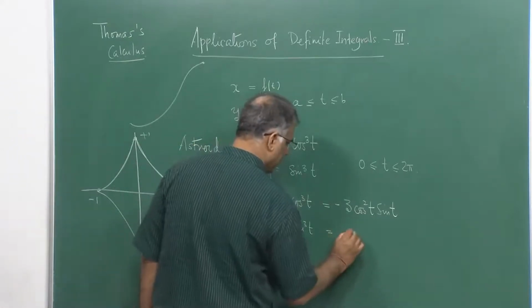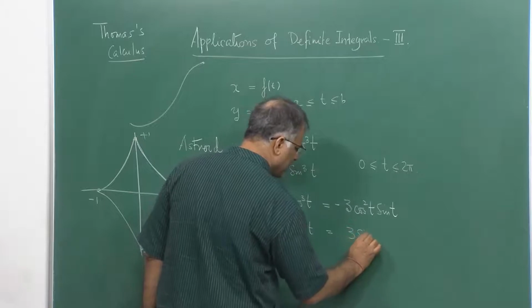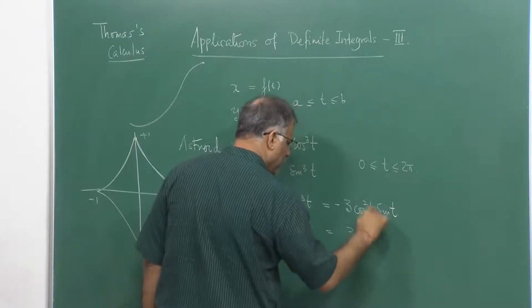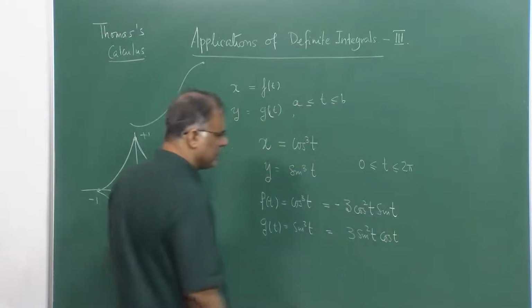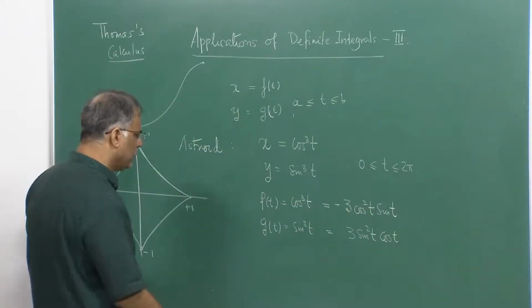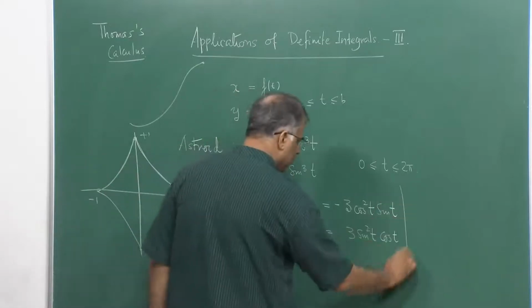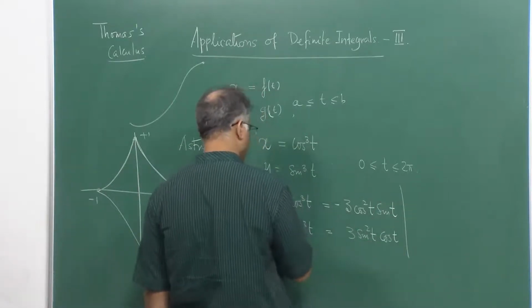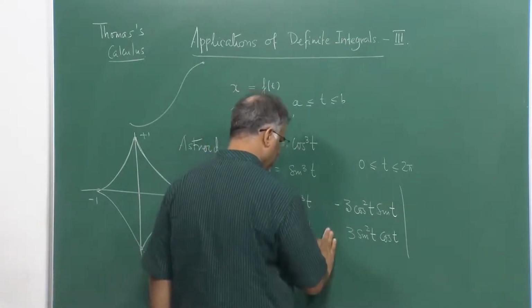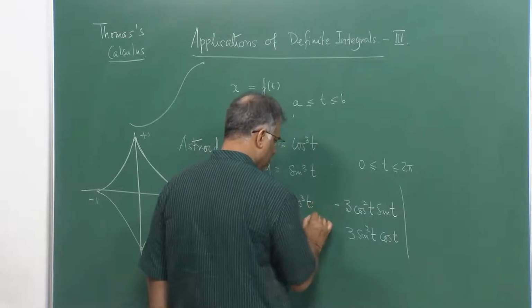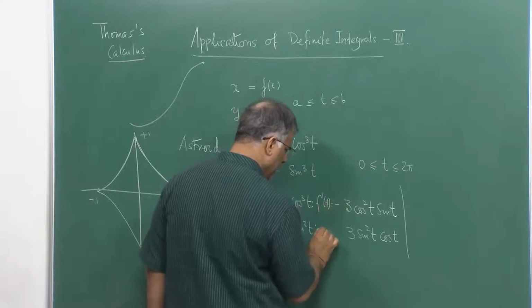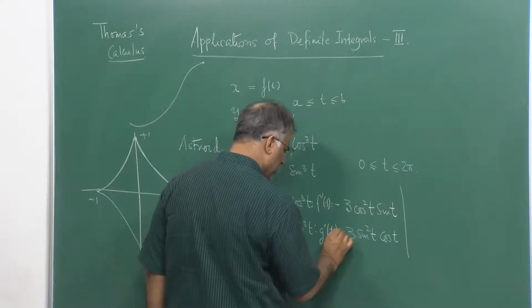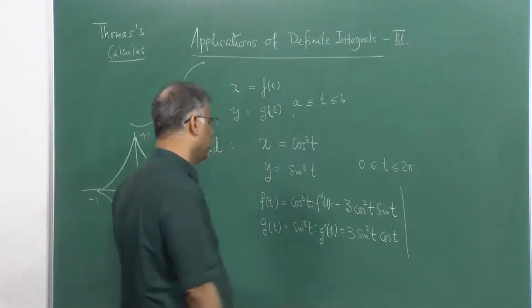Here g dash t is 3 sin square t into the derivative of sin t, which is cos t, and that is it. Now, if you take the square of these, sorry, I am making a mistake. Here I am having f dash t is this and g dash t is this.